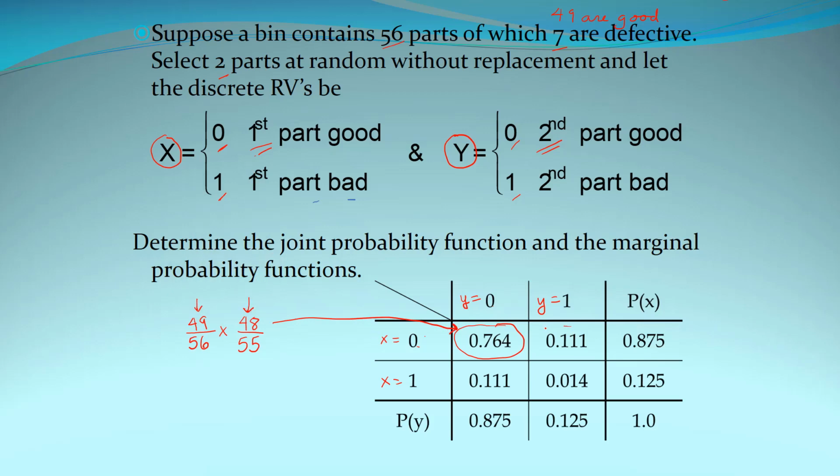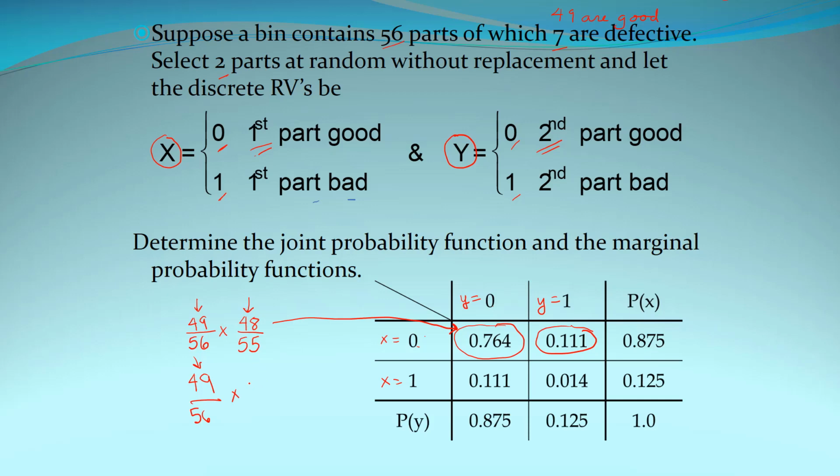What about this second one right here? That means we've got a good first part and a bad second part. So let's multiply that out. We've got good first part is 49 over 56. We already calculated that. A bad second part, that's not this number.